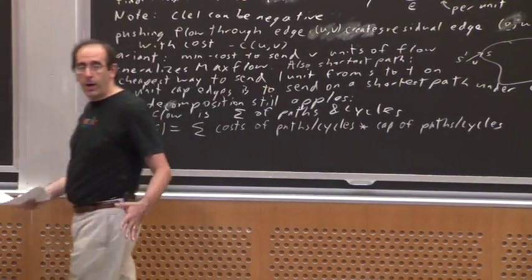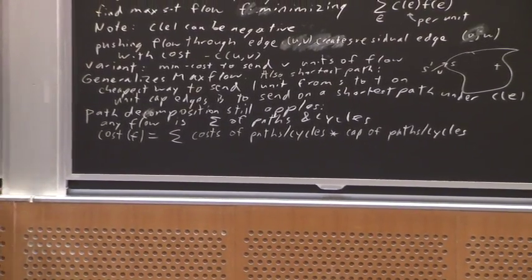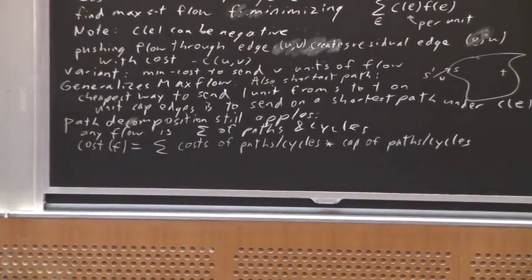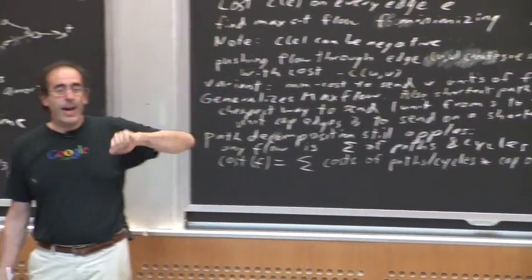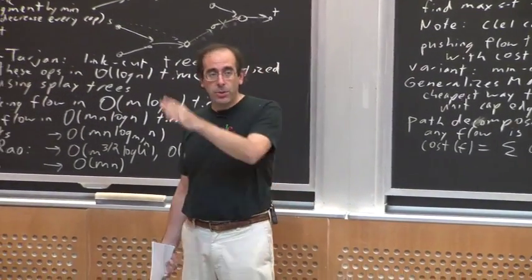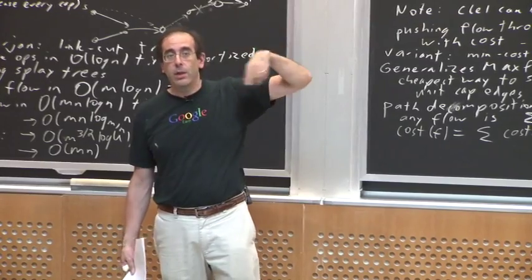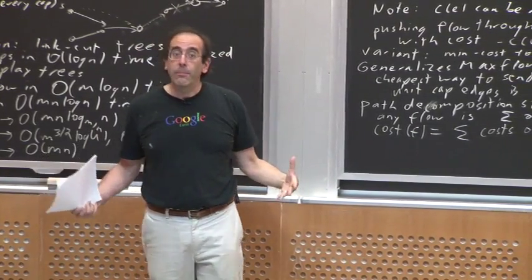So I can take this flow and say this flow consists of 2 units traveling on this path, 1 unit traveling on this path, and 3 units going in this cycle. And I can compute the cost of the flow by looking at the cost of the first path, multiplying it by 2, the cost of the second path, multiplying it by 1, and the cost of the cycle, multiplying it by 3. And that gives me the overall cost of the flow.